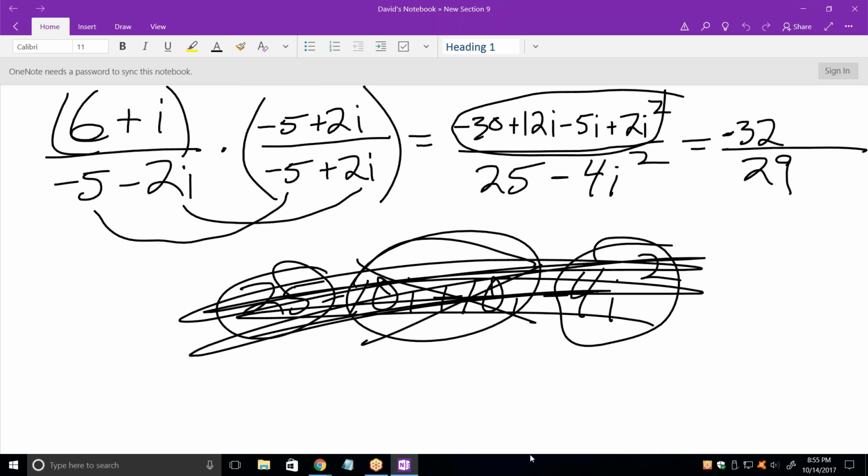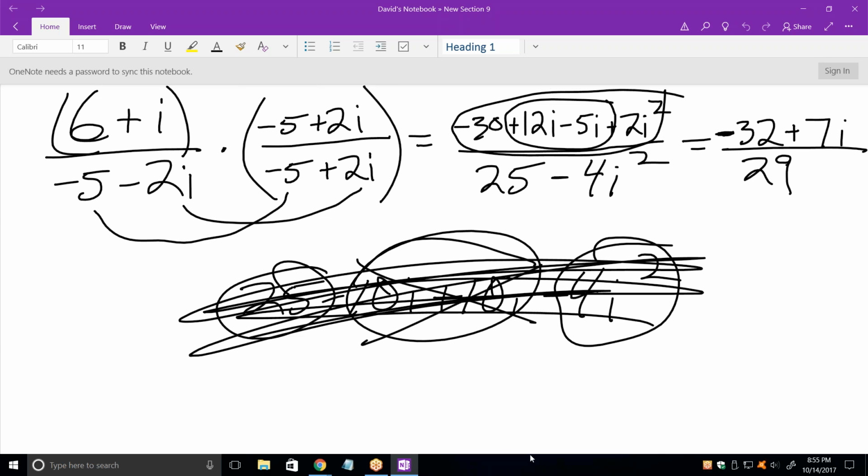And what's the imaginary part? The imaginary part would be 8i, correct? It's 12 minus 5. So 12 minus 4 is 8, so it'd be 7. I think, right? Am I just saying things? No, you're right. You're right.